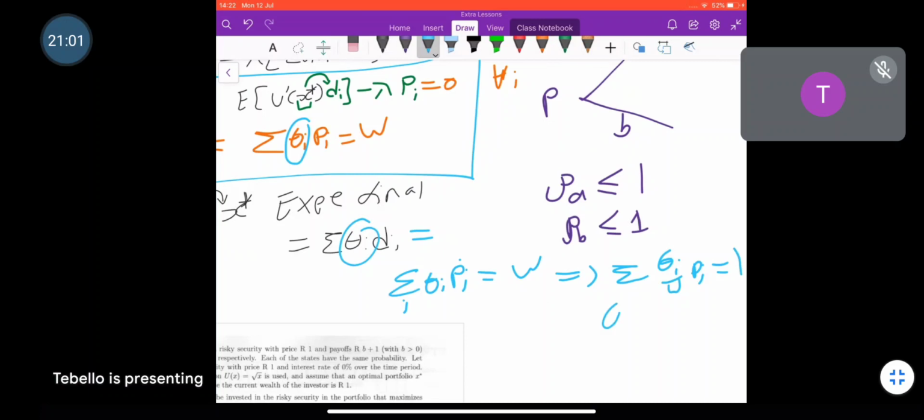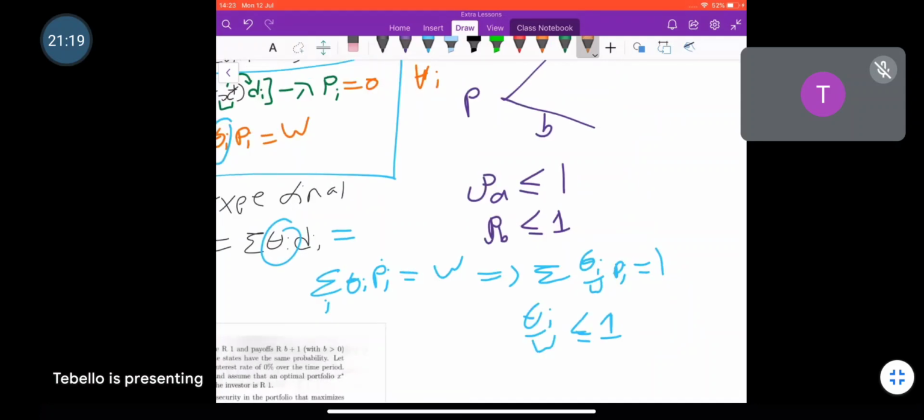Then theta i over W can and should be less than or equal to 1. But remember that so far, with the Markowitz factor model and CAPM, we were only looking at the proportion you should buy, not the amount you should buy.